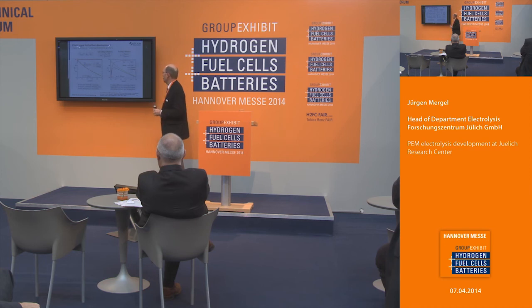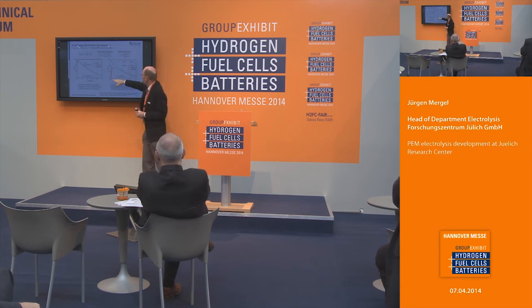If you increase the pressure up to 30 bars, which is normally a technical pressure in electrolysis, you will have, especially at low current densities, a very low Faraday efficiency, and you can see the total cell or stack efficiency is in the range of 85% at 30 bars.